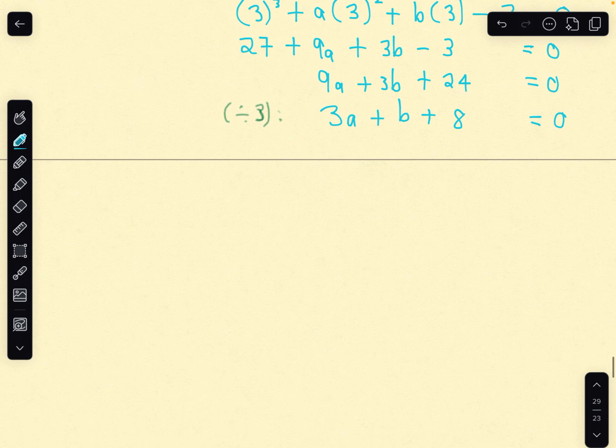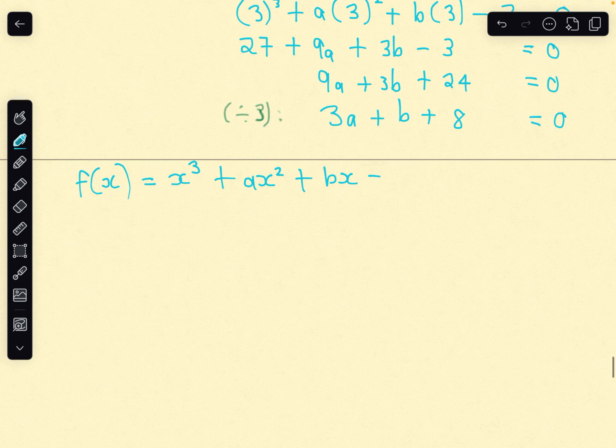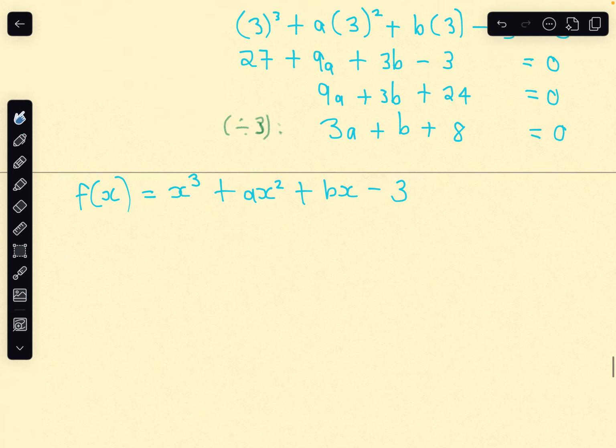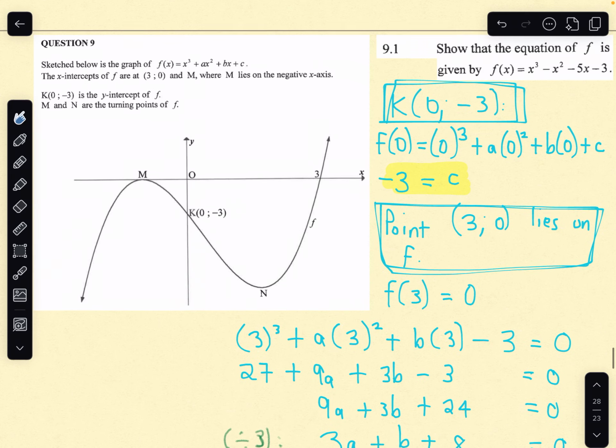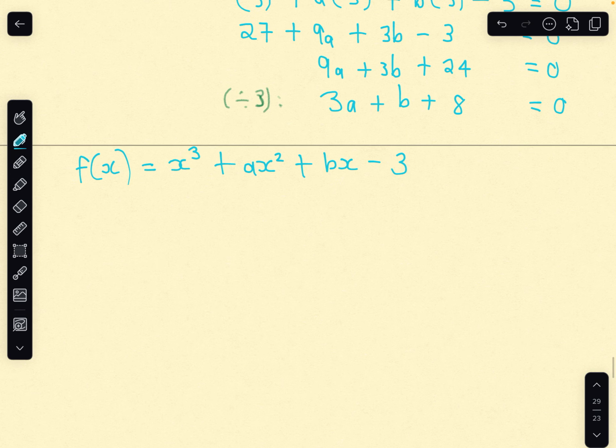Our function is x cubed plus ax squared plus bx minus 3, our c that we found not too long ago. Therefore f prime will be 3x squared plus 2ax plus b.